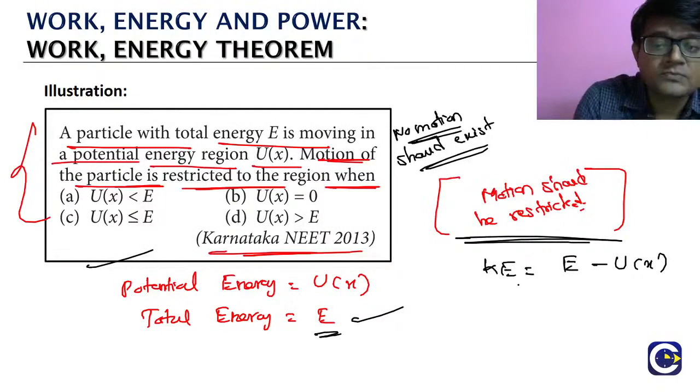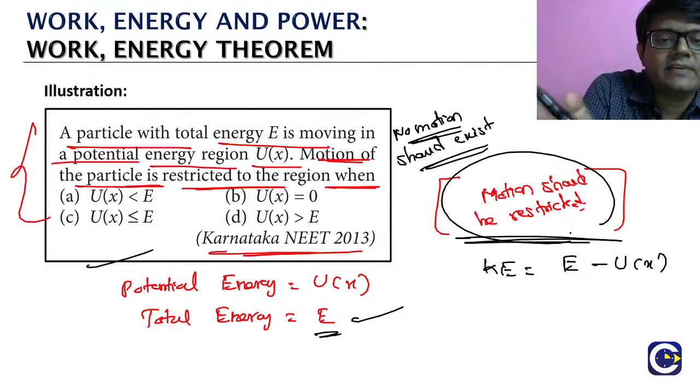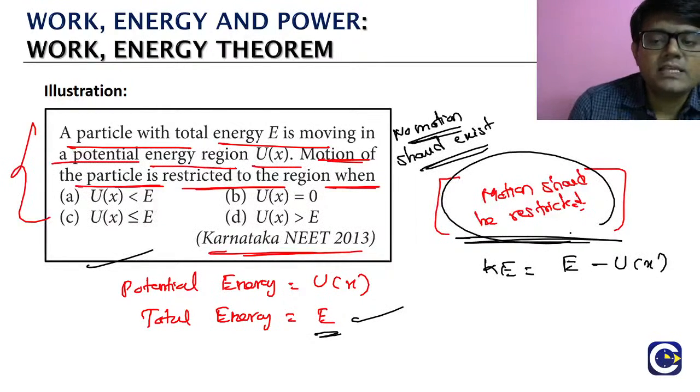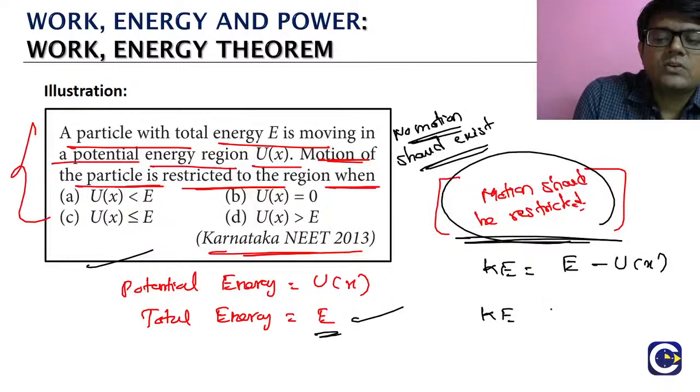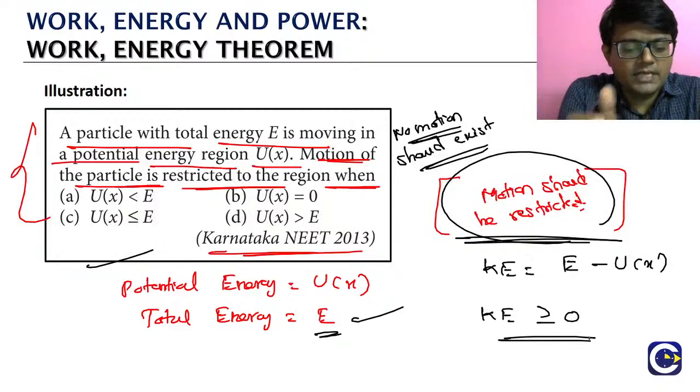இப்போ பாருங்க, when we say the boundary we are drawing should be the region where the motion should be restricted, அந்த region குள்ள தான் இருக்கணும். அப்படி சொன்னா, see, this region, right, kinetic energy should be always more than or equal to 0. ஏன்னா இப்போ பாருங்க, நம்ம அந்த region குள்ள we are putting the condition kinetic energy more than or equal to 0 ன்னு வெச்சுக்கோங்க.